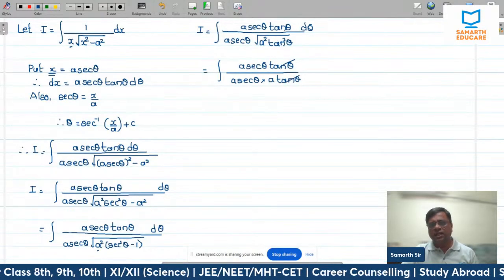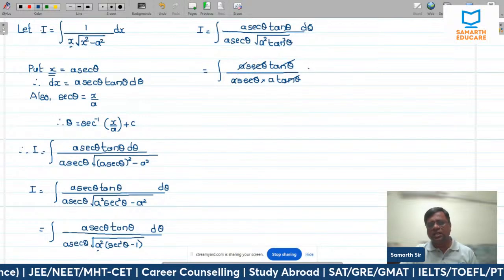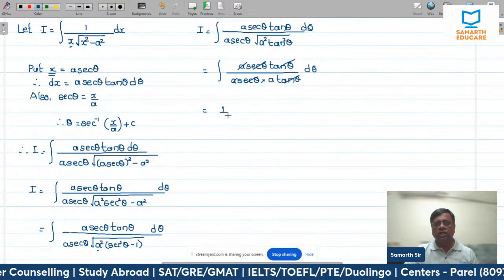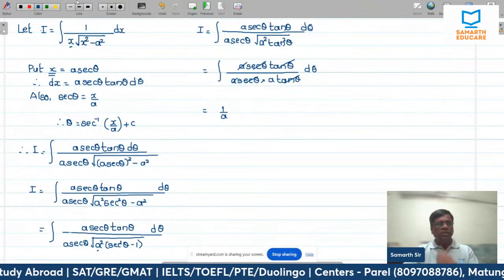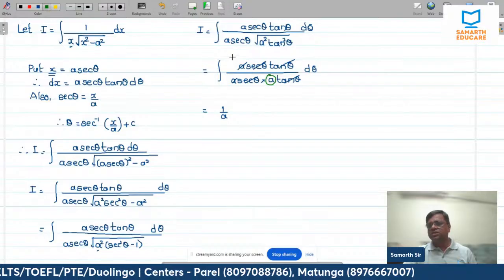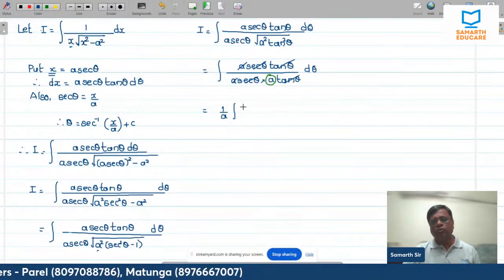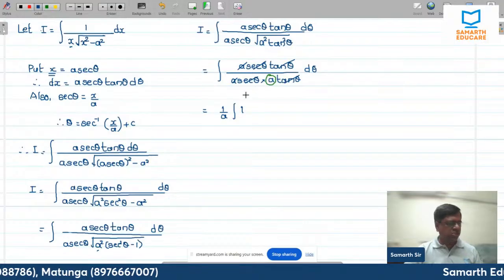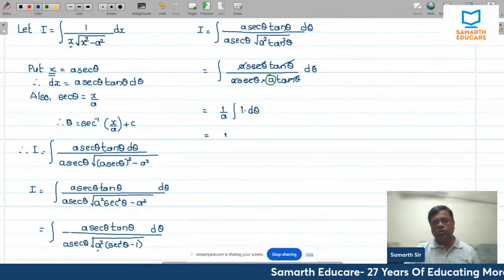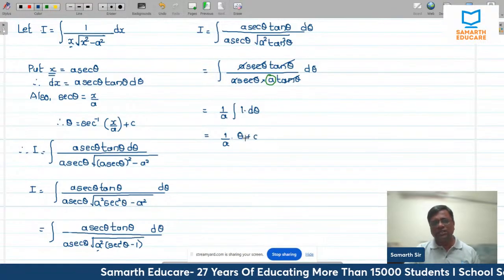Now tan theta gets cancelled, sec theta gets cancelled, a gets cancelled. What remains with me is only 1 upon a. Okay, ये मेरे पास सिर्फ इतना ही पार्ट बचा, this part is with me, बाकी सब कैंसिल हो गया. All right, now 1 upon a integration 1 d theta, since it is a constant, I have taken it outside. So that is equal to 1 upon a, 1 ka integration theta plus c.